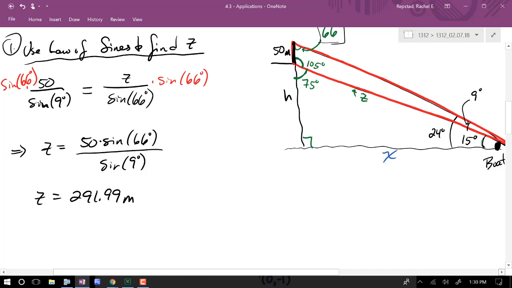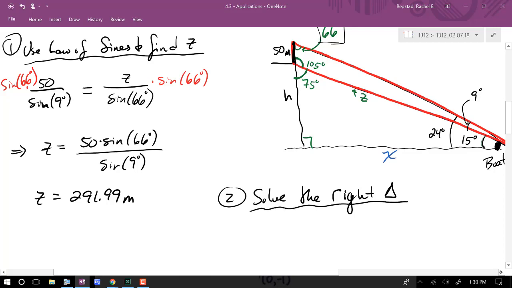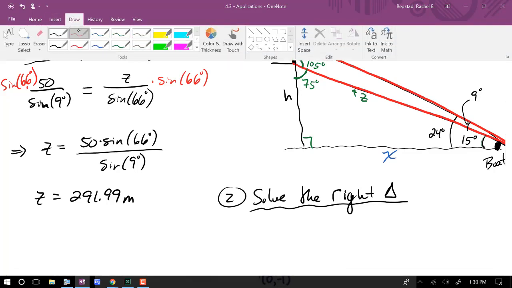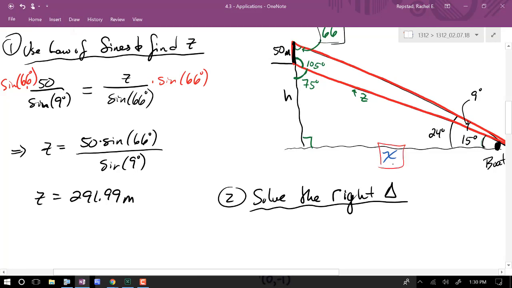So this is phase 1. Phase 2, let's solve the right triangle. What do you want to find first, h or x? X. So if I'm solving for x, I'm going to use my 15-degree known angle, and the other side we know is the hypotenuse here.